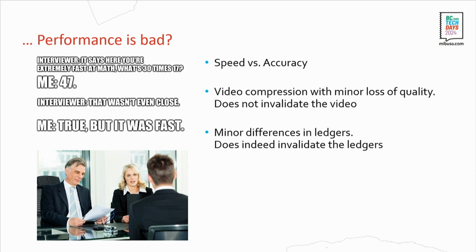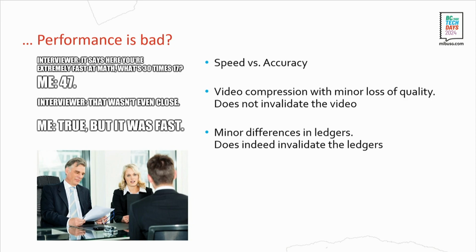But the example I wanted to give here was basically, if you imagine video compression, if you have an uncompressed recorded video in whatever higher resolution, it's a really big file you get. And you can reduce that by compressing the video with minor loss of quality, but that does not invalidate the video.